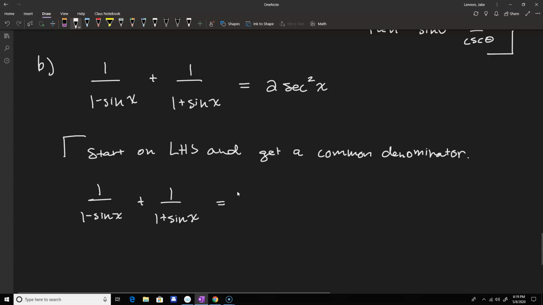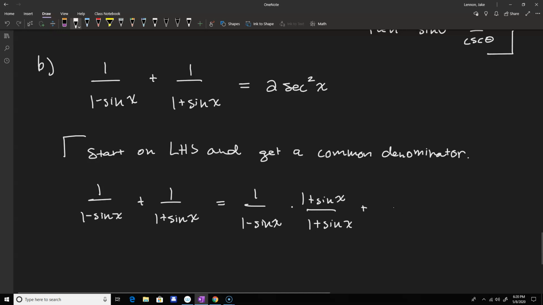Remember, you cannot multiply by something that's not equal to 1 when you're trying to transform an expression. This isn't like we're working on both sides. We're just working on the one side, so we don't want to alter the value of anything. So we have 1 over 1 minus sine of x, and I'm going to multiply it by a clever form of 1, 1 plus the sine of x over 1 plus the sine of x.